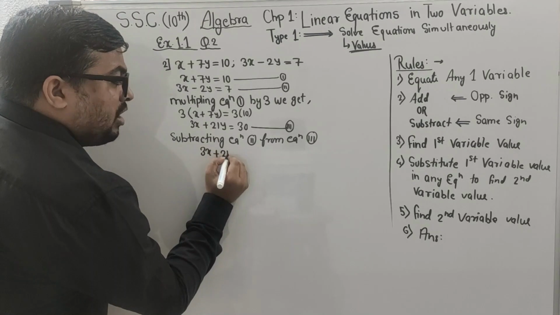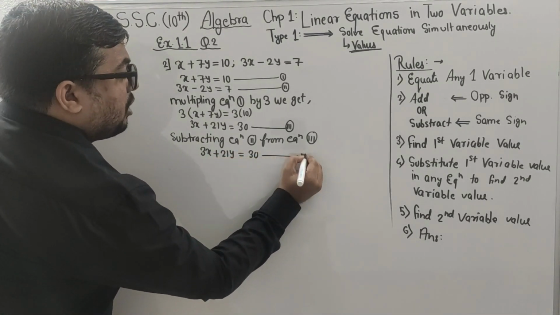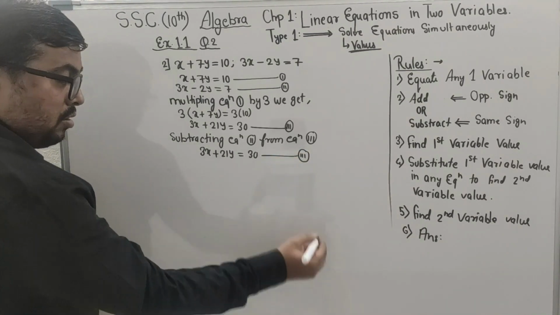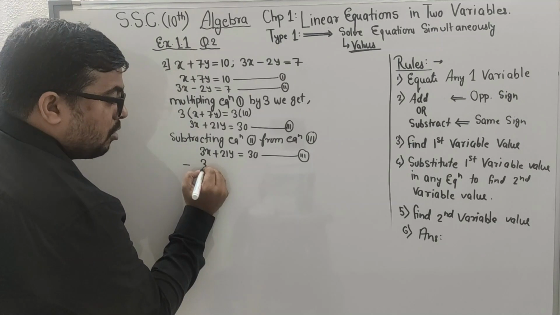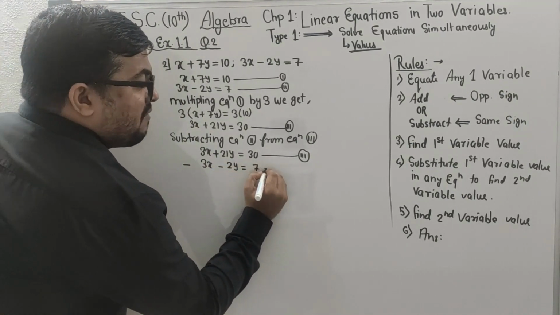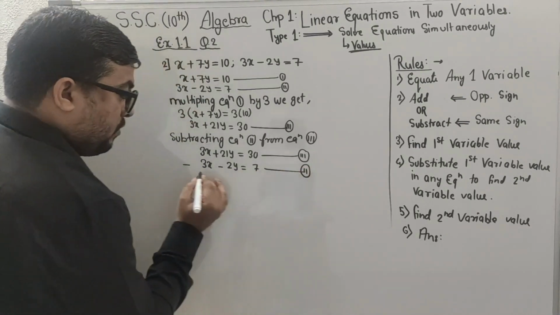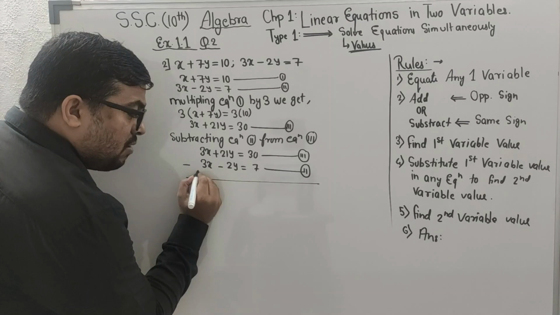3x plus 21y is equal to 30. This is your equation number 3. Minus, what is equation number 2? 3x minus 2y is equal to 7. Number 2. In case of subtraction, students, again you have to change the symbol.